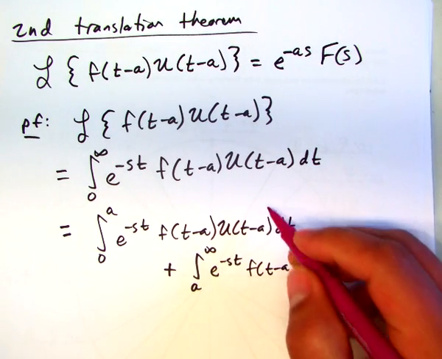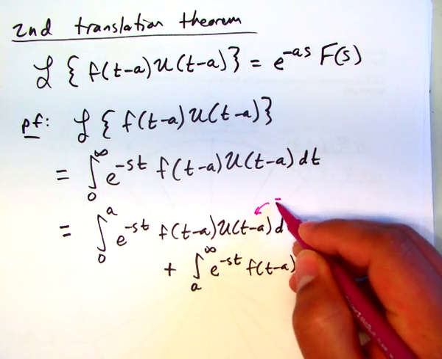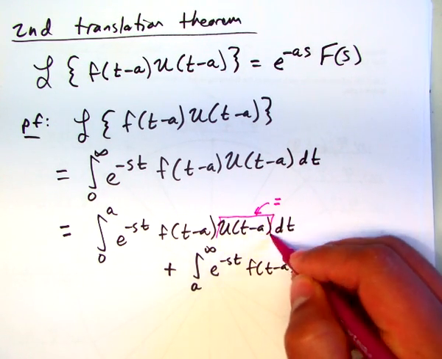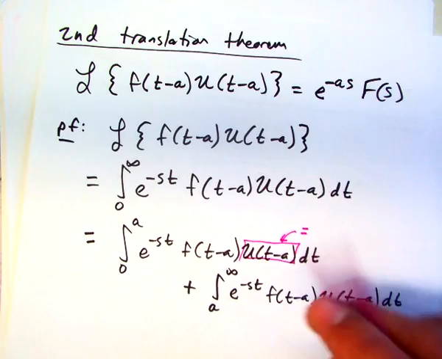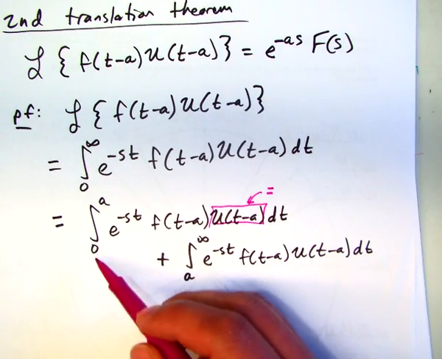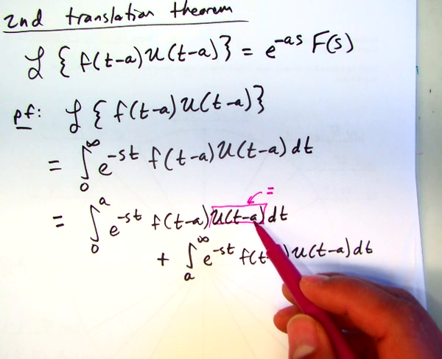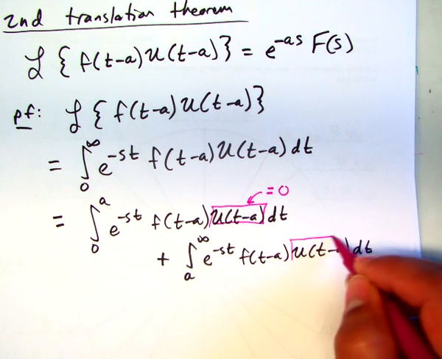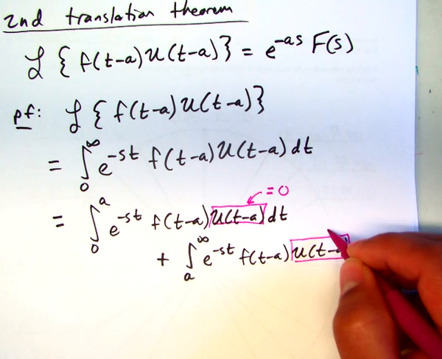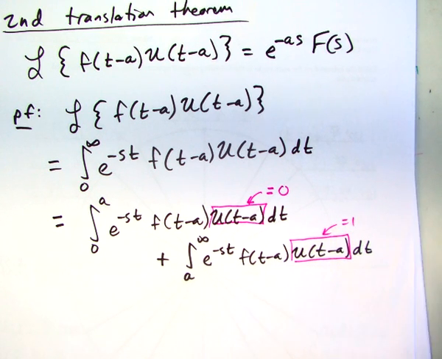And now, what does this equal? From 0 to a, the unit step function is equal to what? 0. Good. And then from a towards infinity, this is equal to 1.